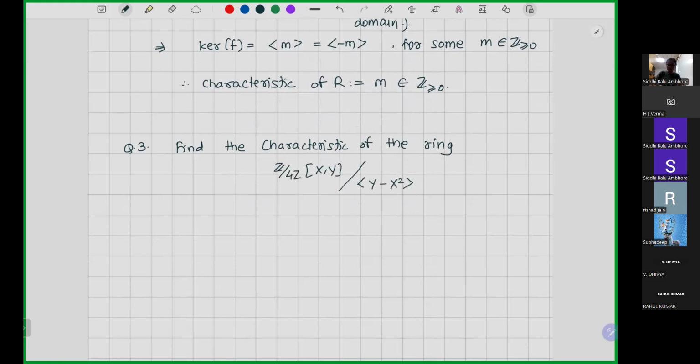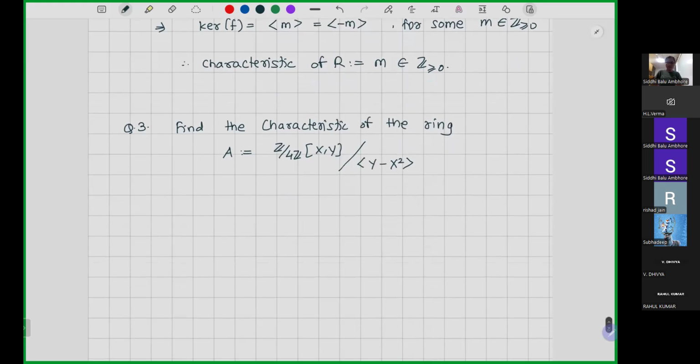So this is my ring. Let me call this ring A, and we have to find the characteristic of this ring.